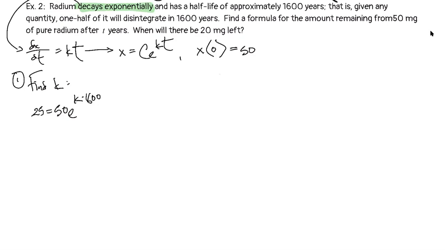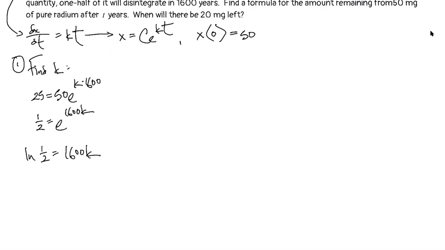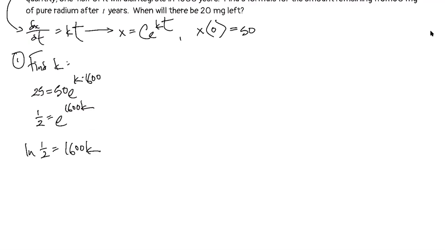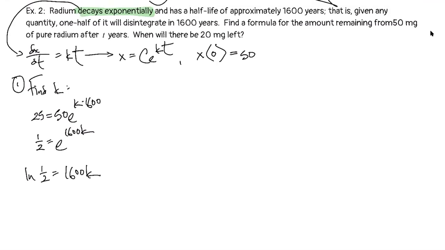So now we can solve this very similarly to how we did the other one. I'm going to divide by that 50. That's going to give me 1/2 equals e to the 1,600k. I'm going to natural log both sides. And here's what you'll see in a lot of the answer keys or explanations, so I just want to clarify where this next part comes from.